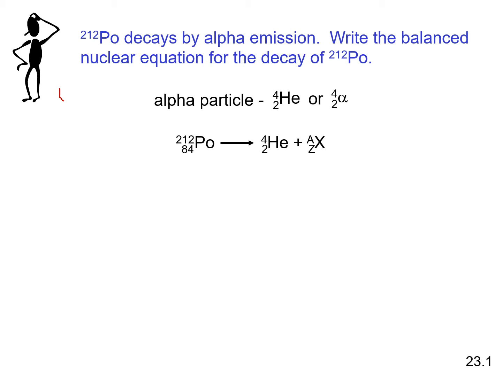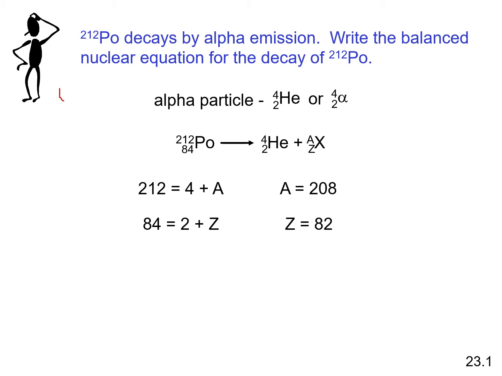So you will determine what is the other element that is formed from polonium. The mass number must be 212, so the total must be 212, so the A must be 208. And for the atomic number, the Z, the total must be 84, so 84 minus 2, so the atomic number of this X is 82.